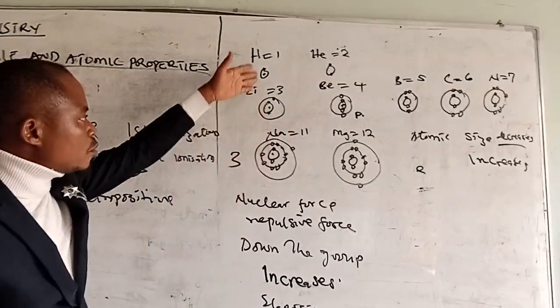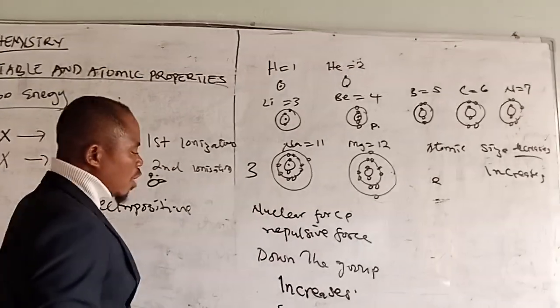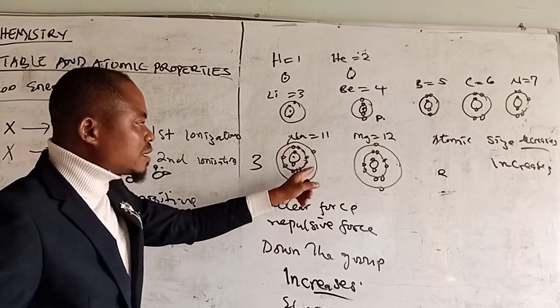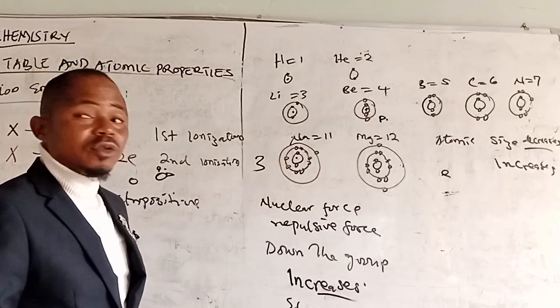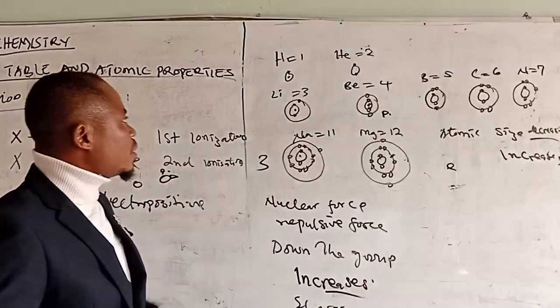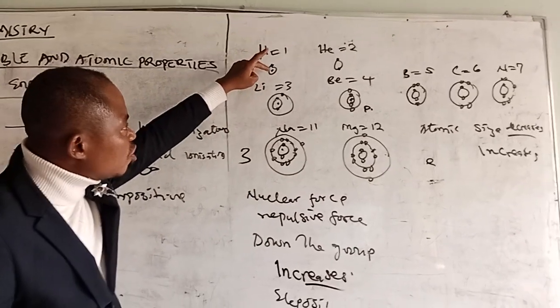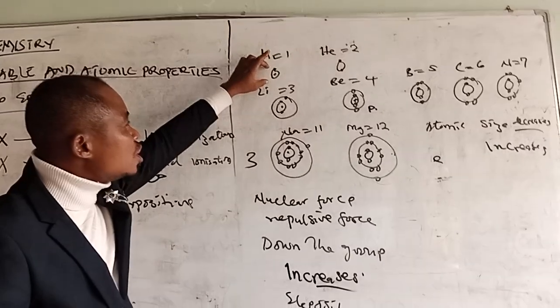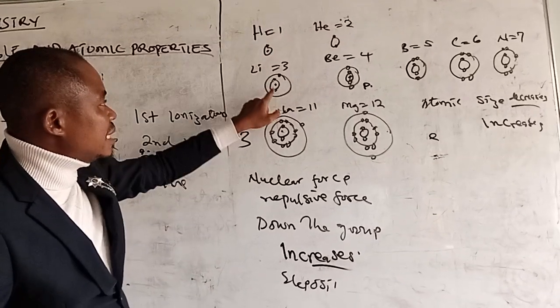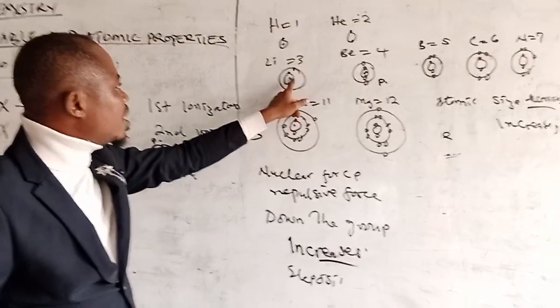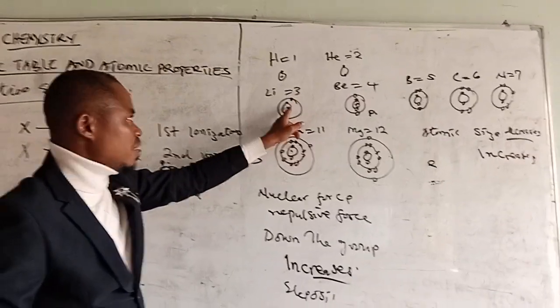And so we established that as you move down the group, the atomic radius increases. Because the outermost electron is not tightly held, as you move from here, it's only one shell close to the nucleus, so the nuclear force holds this electron more tightly than this one, whose electron is blocked by this shell. This shell will screen this electron from the nucleus.